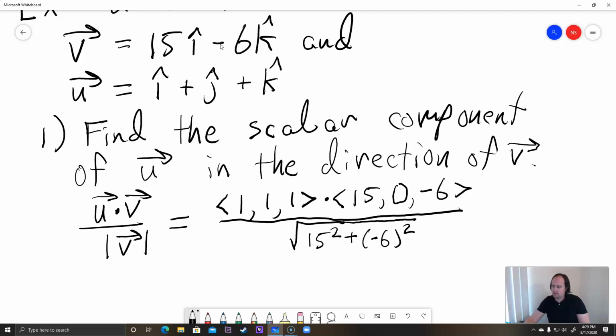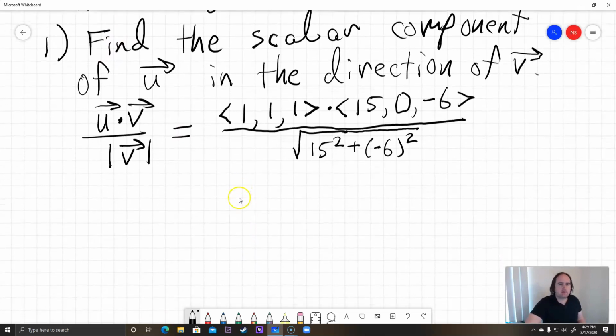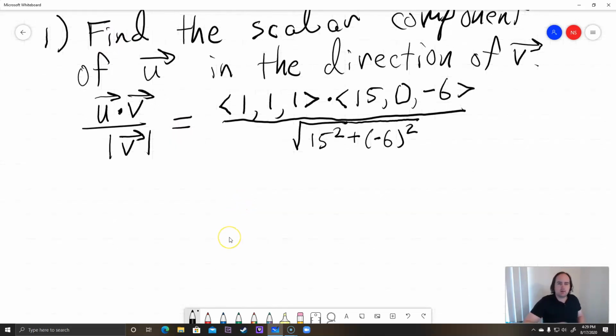You could do these separately, but I personally just like to do it all at once. So in the numerator, for the dot product, we multiply the components. It's going to give us 1 times 15 plus 1 times 0 plus 1 times negative 6.